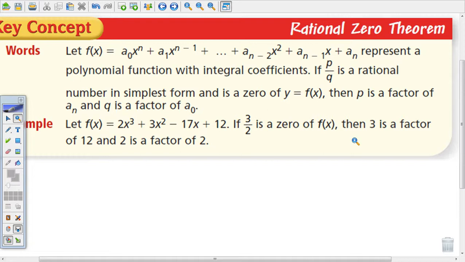So it's really best to look at this conversely. If you want to know what the possible zeros are, you look at the factors of p and q. Where did I point p? P is over here. Where's q? At the end.